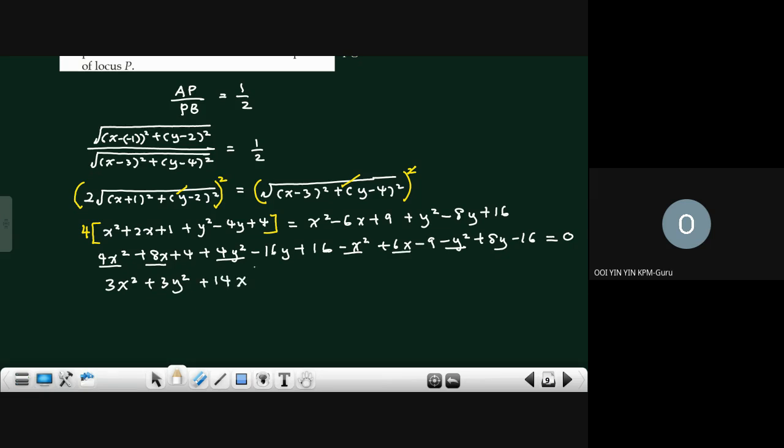Then find your y: negative 16y, and the other y is plus 8y, so overall will give you negative 8y. Lastly, 4 plus 16 is 20, 20 minus 9 is 11, 11 minus 16 will give you negative 5 equals to 0. Okay, done. So you have x squared, y squared, x, y, and your constant.